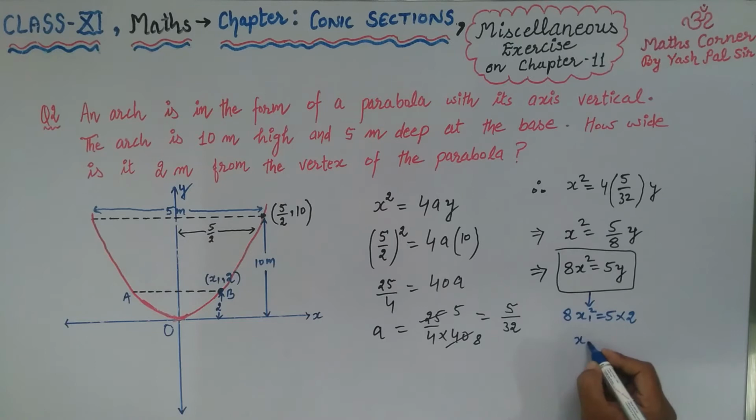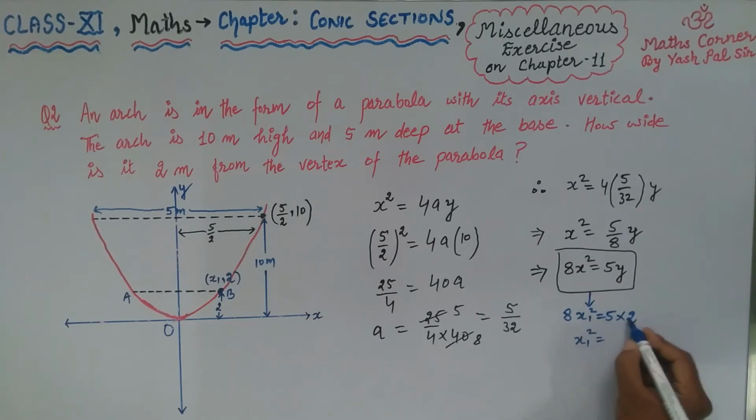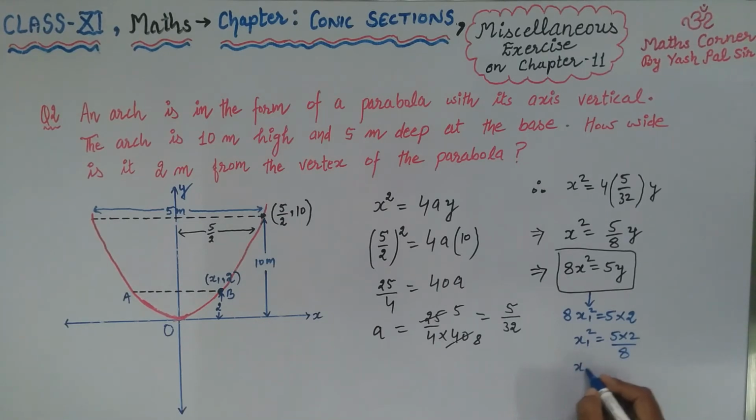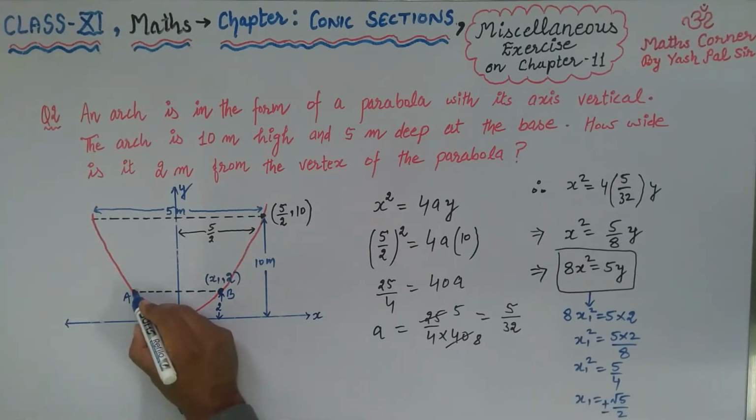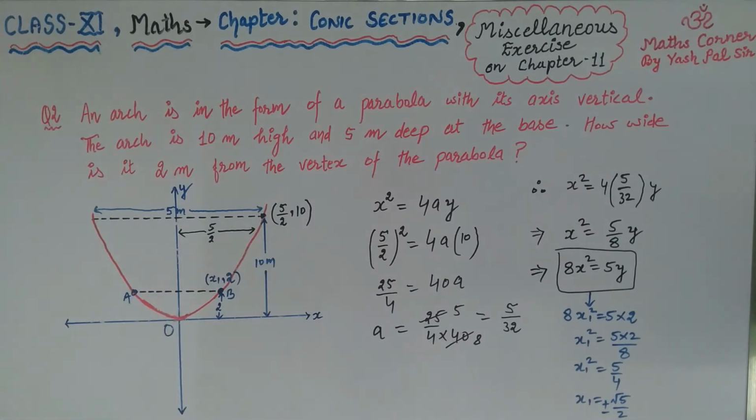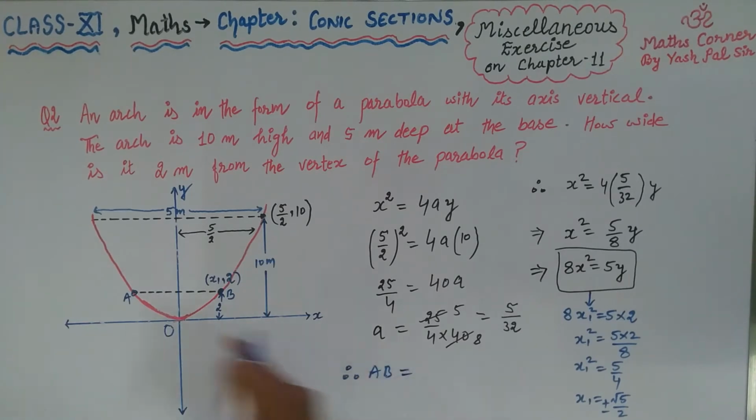So this becomes x1 square is equal to 5 into 2 divided by 8, that is x1 square is equal to 5 upon 4. So we say x1 is equal to plus minus square root of 5 upon 2. Minus means this side. So therefore AB, what is AB? This is the question, find the value of AB.